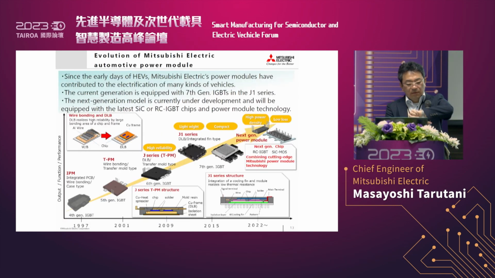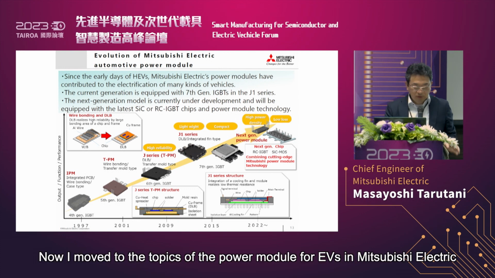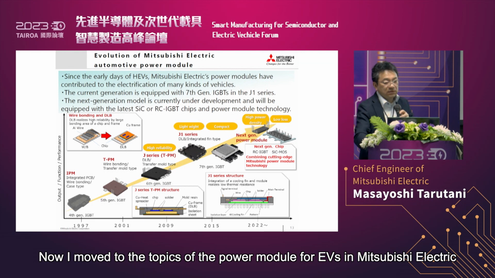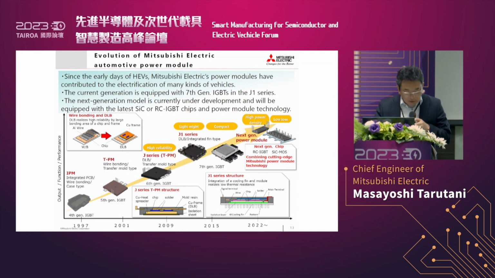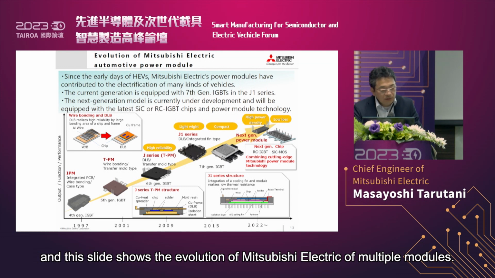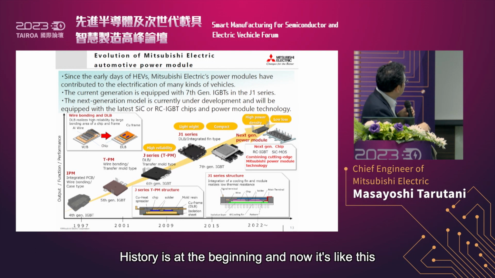Okay, now I move to the topic of power modules for EVs in Mitsubishi Electric. This slide shows the evolution of Mitsubishi Electric automotive power modules, from the beginning to now.